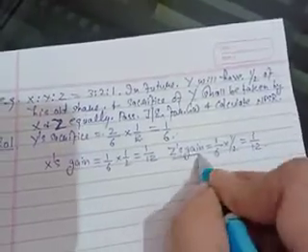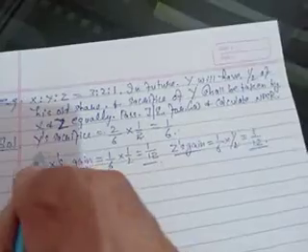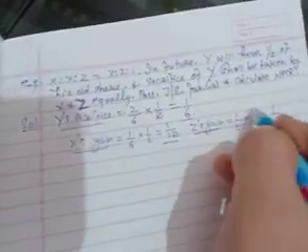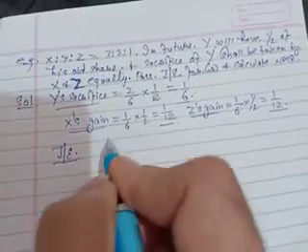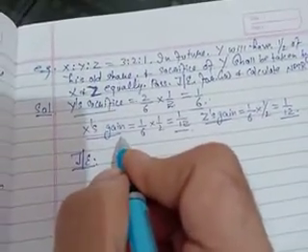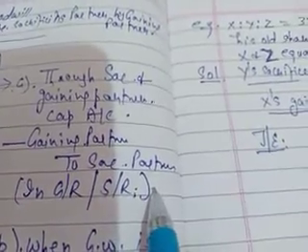So this is Z's gain, this is X's gain, and this is Y's sacrifice. So what is the journal entry passed? Journal entry is always, as we remember, gaining partner's capital account debit to sacrificing partner's account.